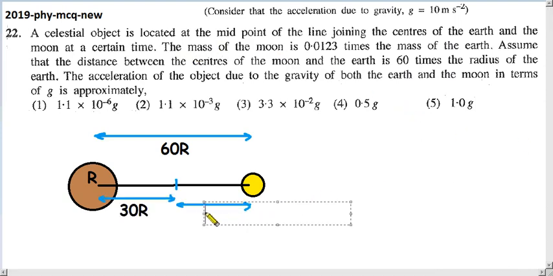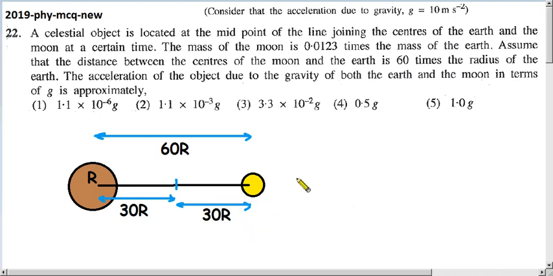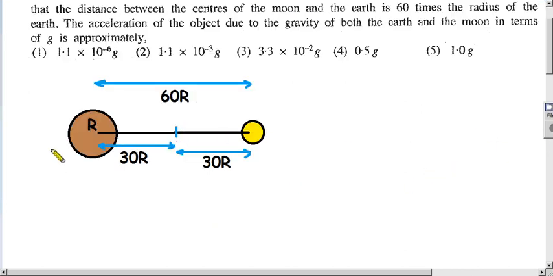Since it is the midpoint, the distances are 30r from both planets. Now let's assume the mass of Earth is capital M_E, and the mass of the Moon is capital M_M.